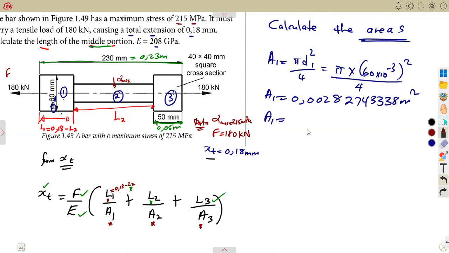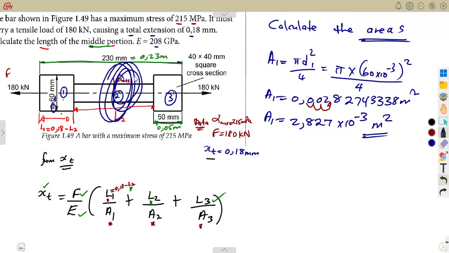So you can even use times 10 to the power of minus 3. There are a few there. So you're going to just take 2.827 times 10 to the exponent of minus 3 in square meters. So the area of the first section is there.